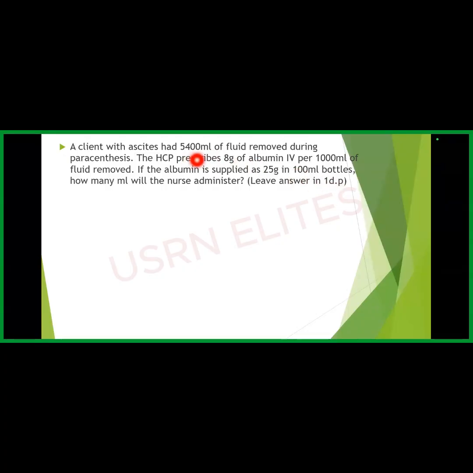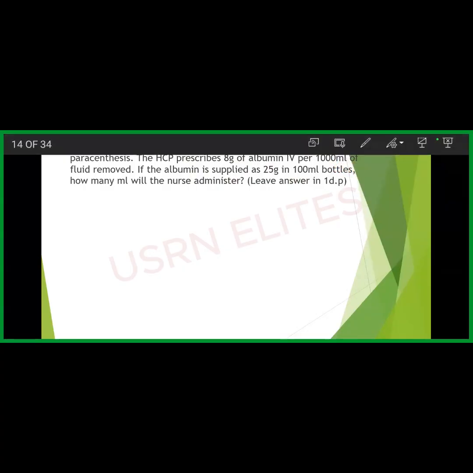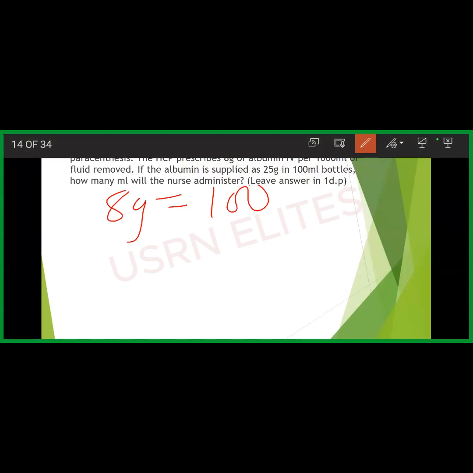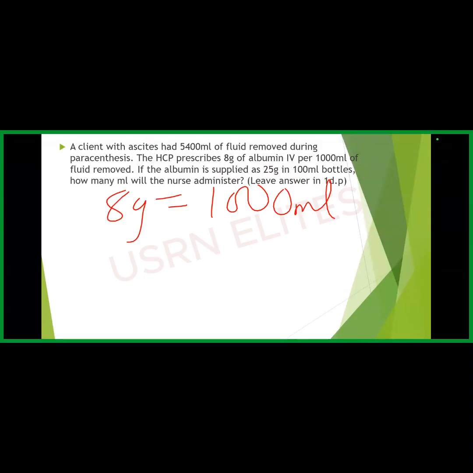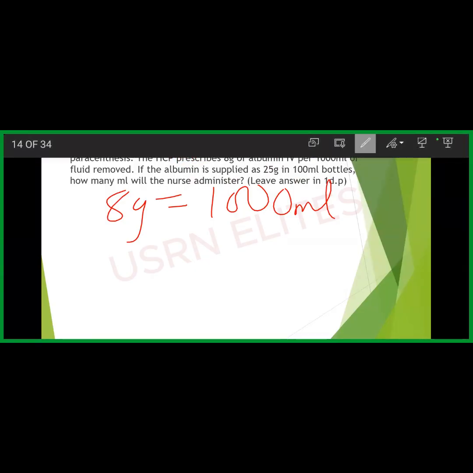You have 5,400 ml of fluid removed, and there's a prescription that you should give 8 grams of albumin for every 1,000 ml removed. So the question is, 5,400 ml was removed, right?